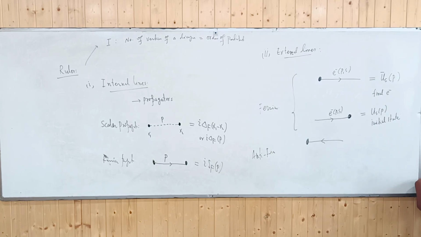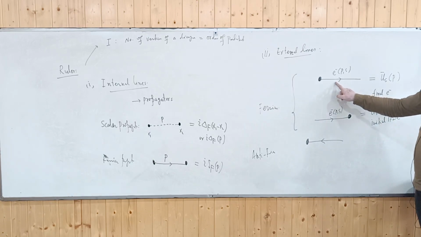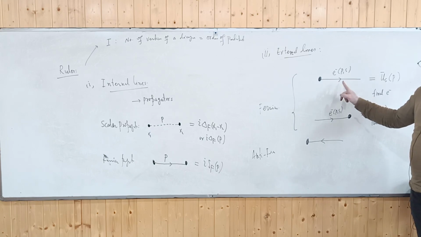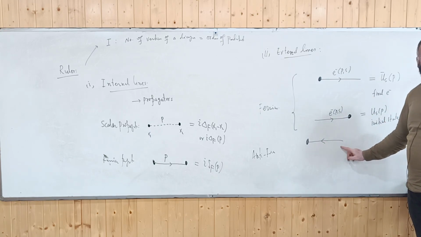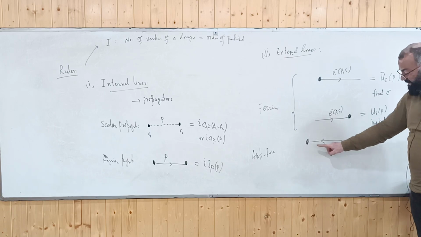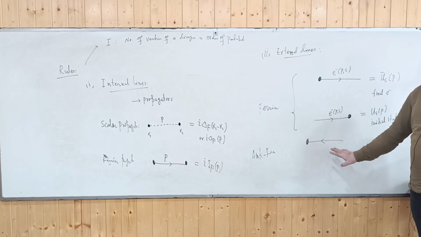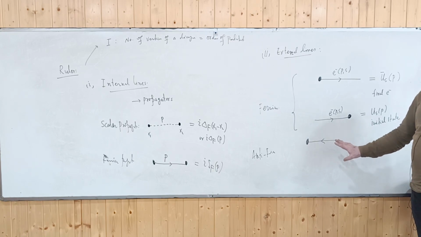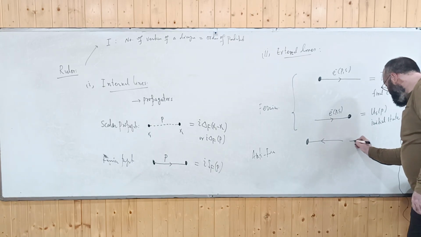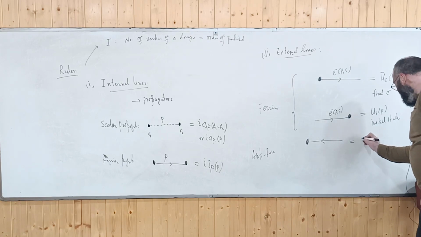For the antifermions, the direction of arrow is opposite to that of fermions, clear? So you are having a fermion arrow this way, and you are having a line that's on the right hand side of the vertex. And the arrow is going through. It means an antifermion is leaving the vertex.